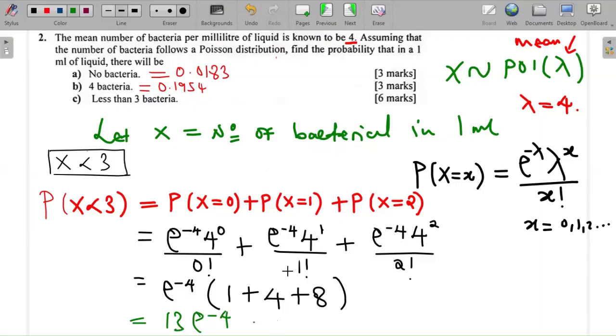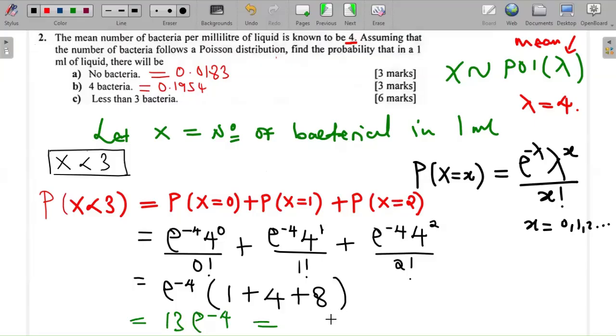So this here will just be equal to, okay, that one now will need a calculator to find it. So counter check on your calculators, and then let me punch it here. Okay, so 13 e to the power minus 4.